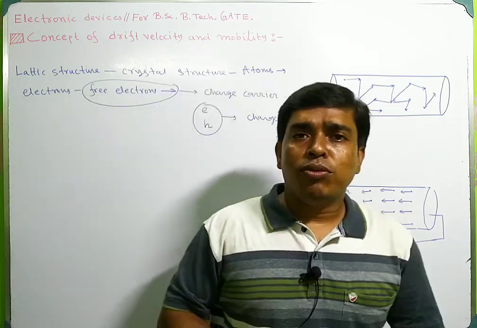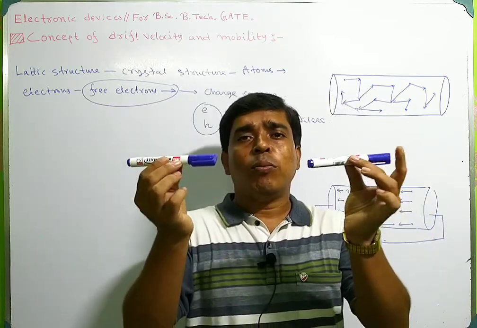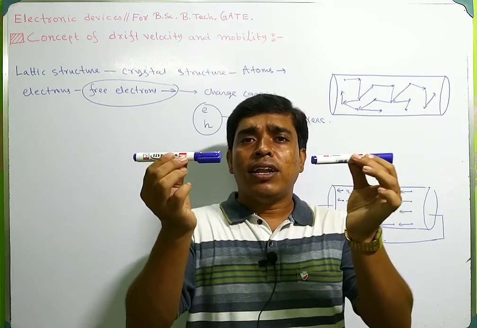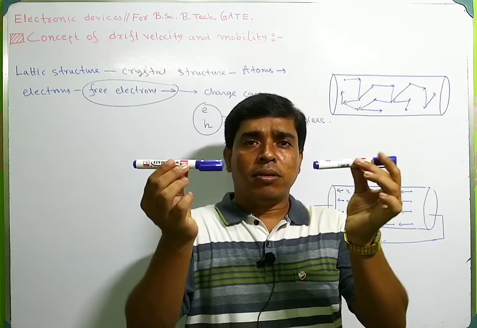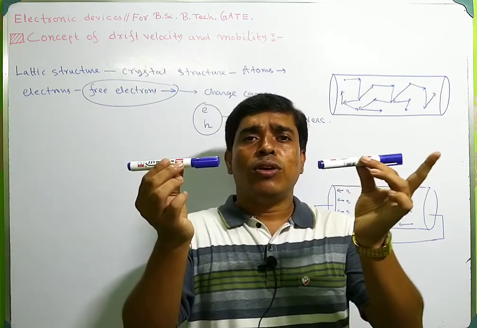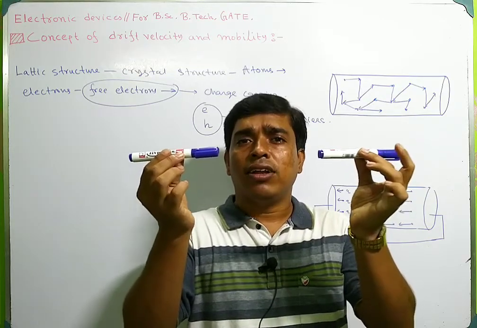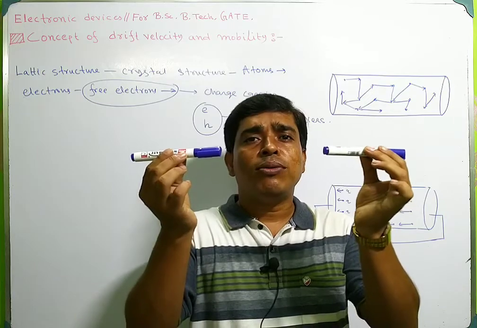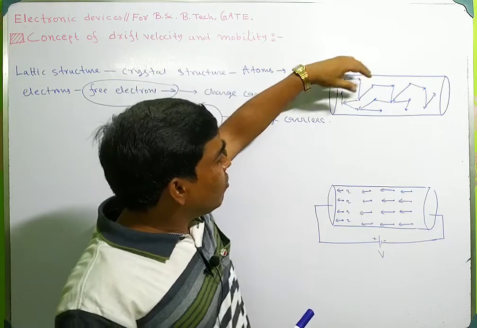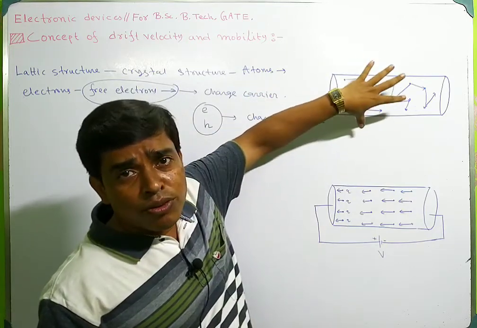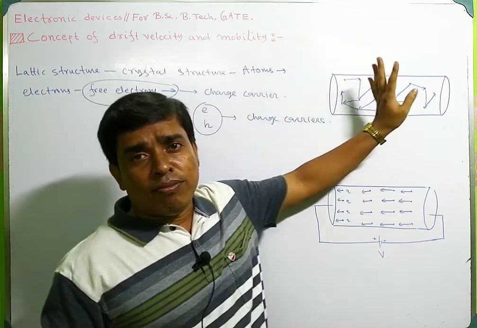Now suppose this is a semiconductor and this is a conductor. Both have several free electrons at room temperature, but these two, conductor and semiconductor, cannot carry current at normal temperature without any electric field, because the movement of these free electrons or holes is random.